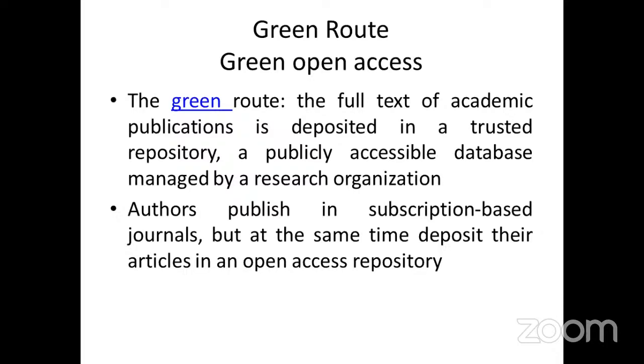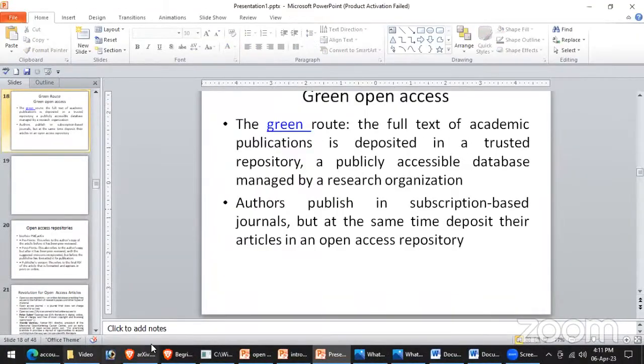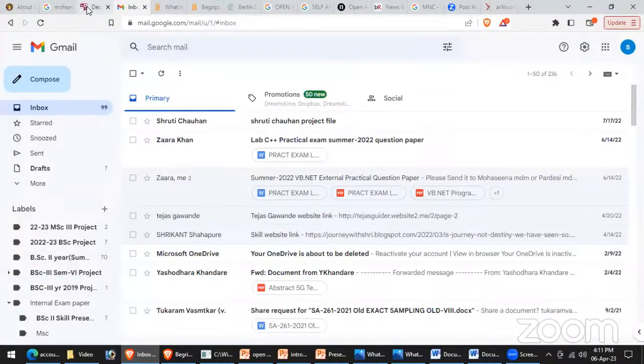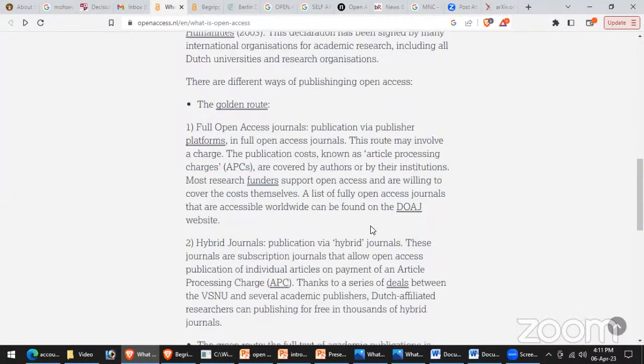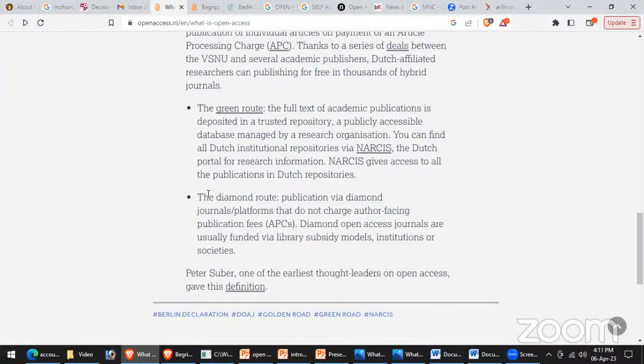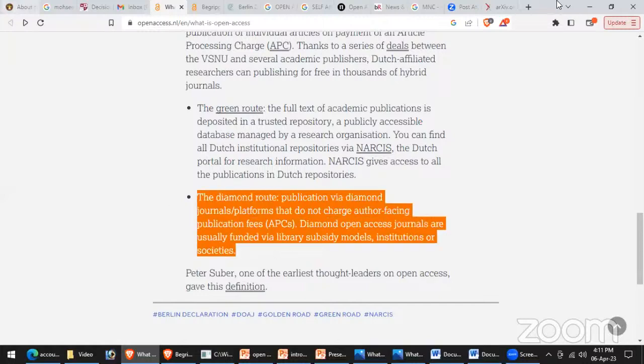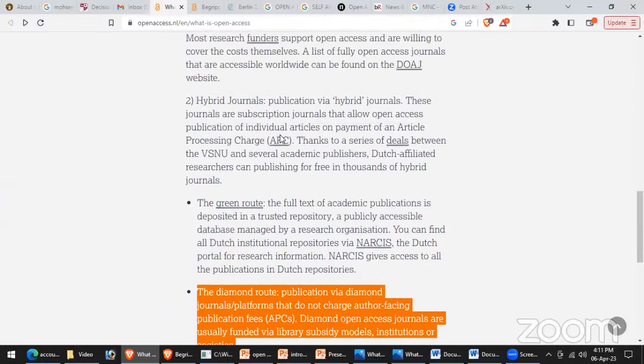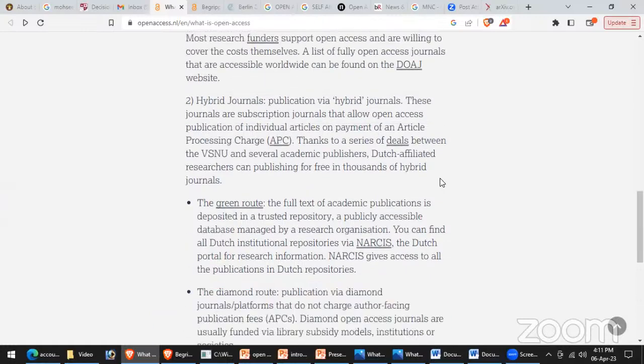Okay. Does anybody have a doubt till now? No, ma'am. Fine. So let me take it to one more thing. Another one is your diamond one. See here. The hybrid one is half, it will be done with your publication only. Your APC or any funding is there. Mostly funded people will go for these hybrid journals.